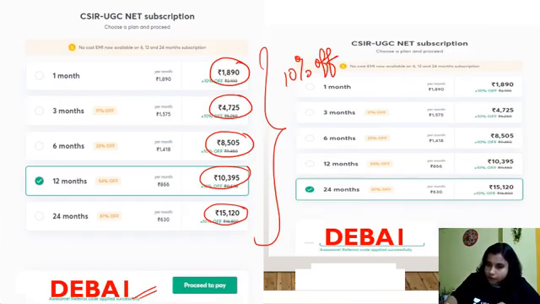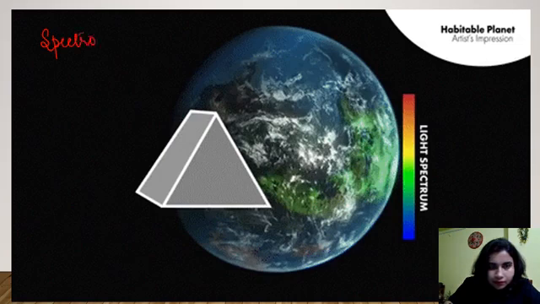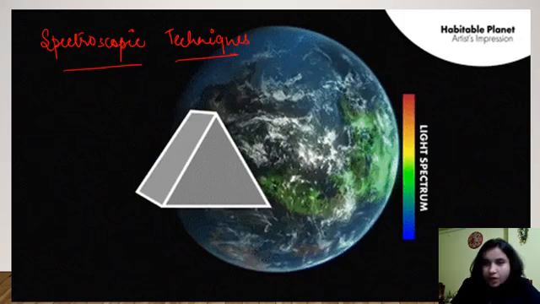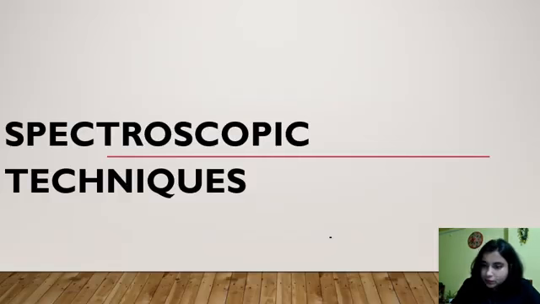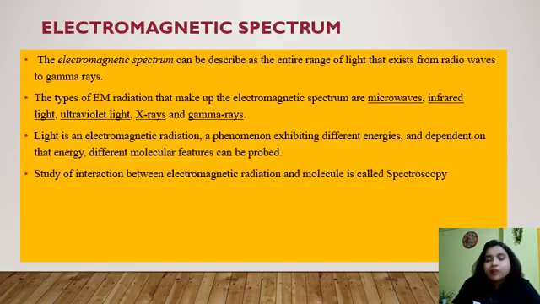So let's move to our topic. Today we are going to see the spectroscopic techniques. We will discuss one spectroscopic technique at a time, and we will be covering them in each class.